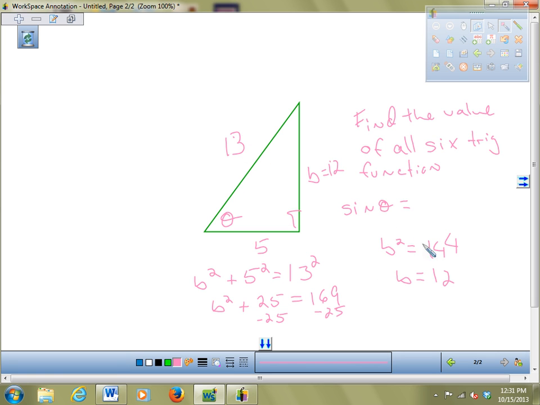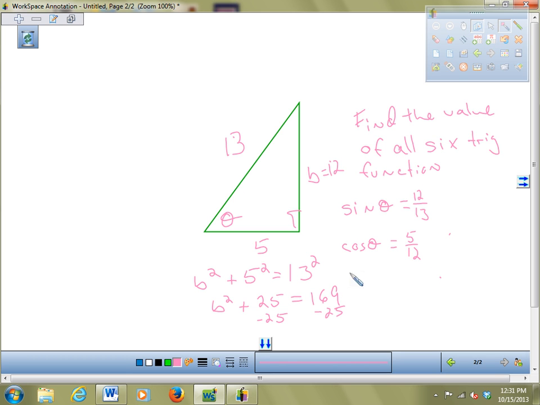Okay, so first I have to find this side, and that side's 12, and then I have to find my six trig functions. So what's sine of theta? Opposite over hypotenuse. 12 over 13. What's cosine of theta? 5 over 13.